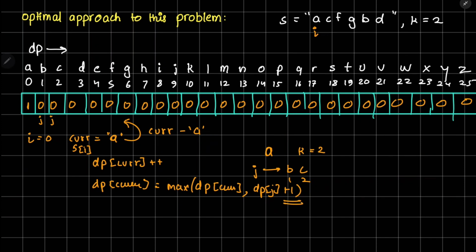That's why we are doing a plus 1 here. For 1 this checks 0 plus 1, which is 1, and for this also 0 plus 1 is 1. So after traversing, our DP of current will remain 1. That was about this iteration.